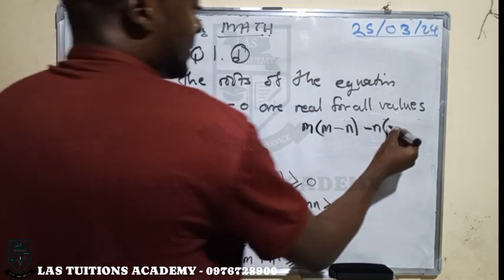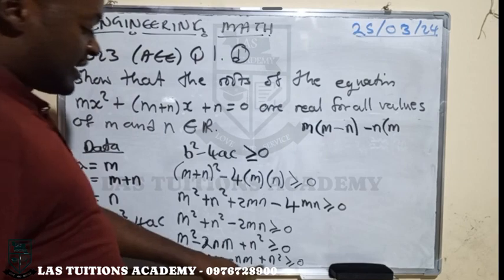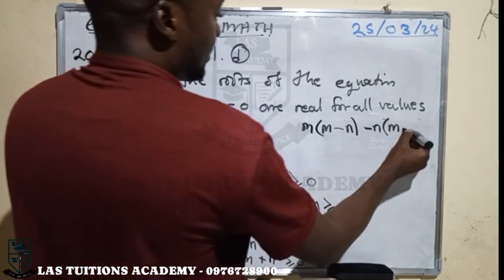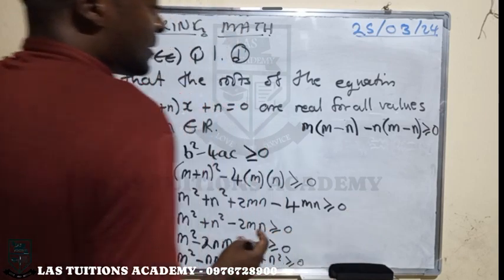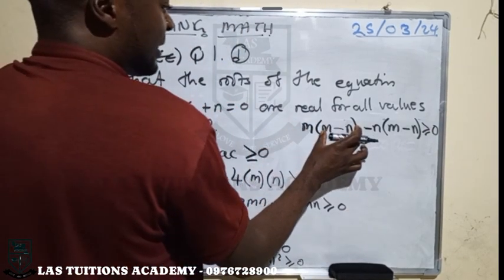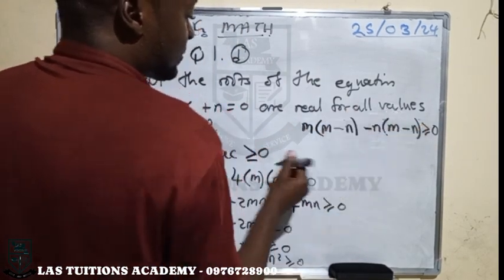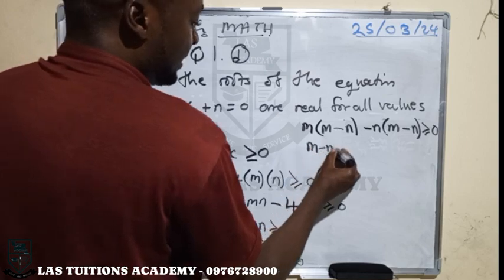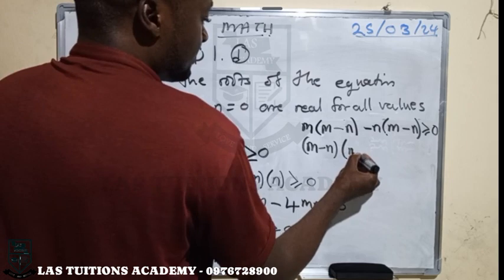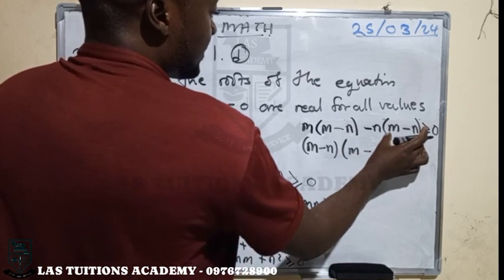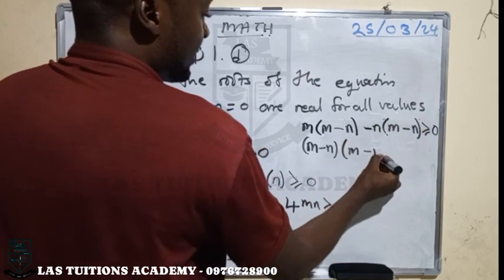When we divide minus n into the n squared, we remain with minus n, greater than or equal to 0. You see that m minus n is common. When we take away m minus n here, we remain with m, and here we remain with n.